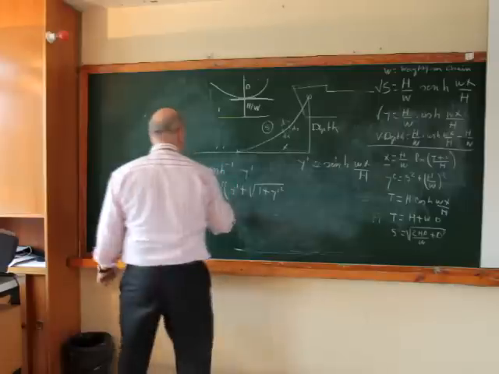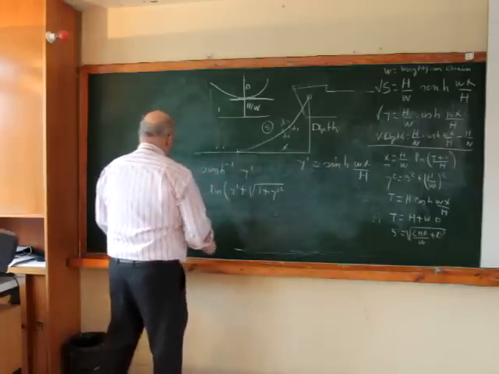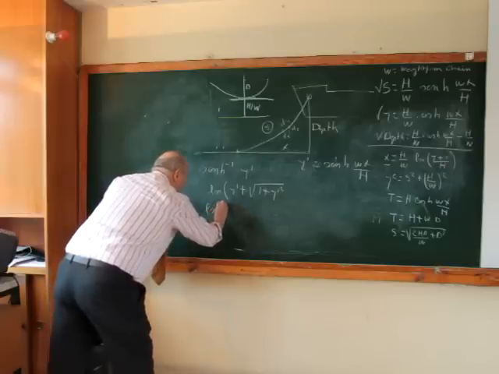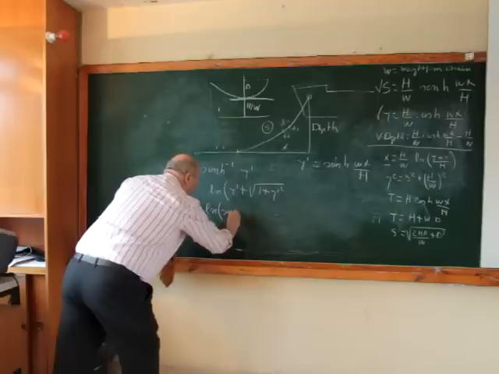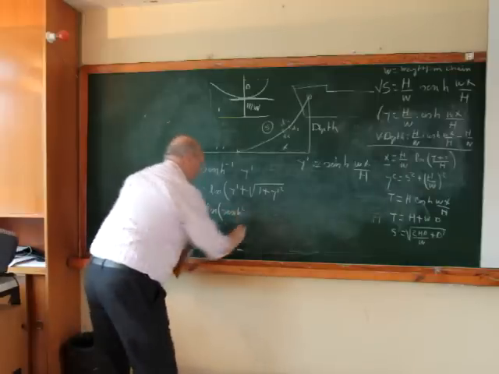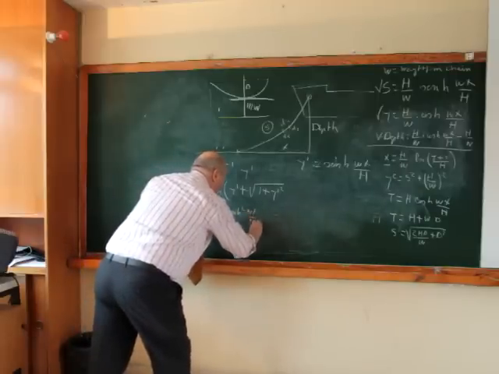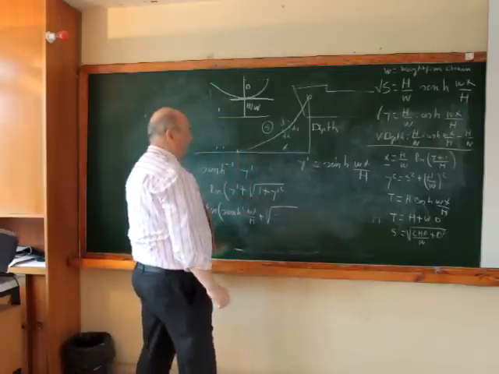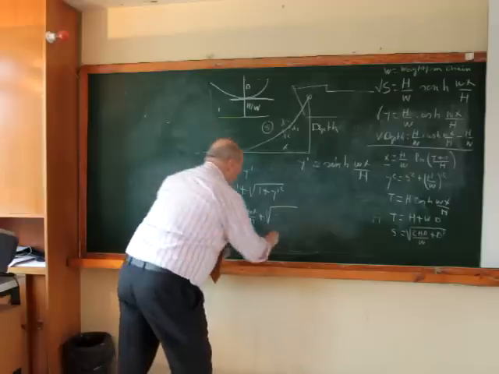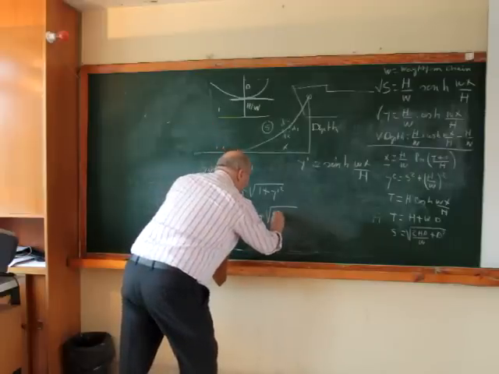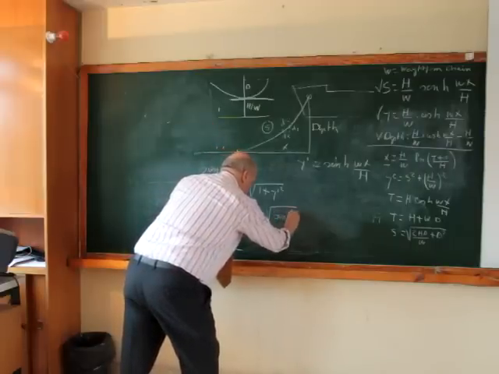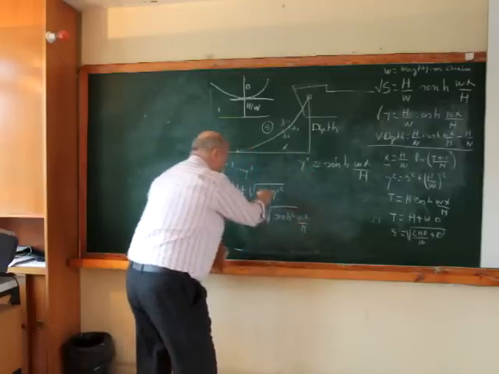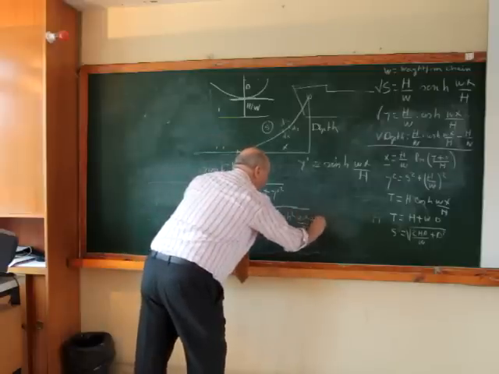So taking that value over here, I will get the natural logarithm of the hyperbolic sine of wx divided by h plus the square root of the hyperbolic sine of wx divided by h squared plus 1.